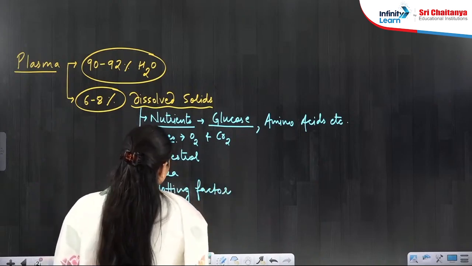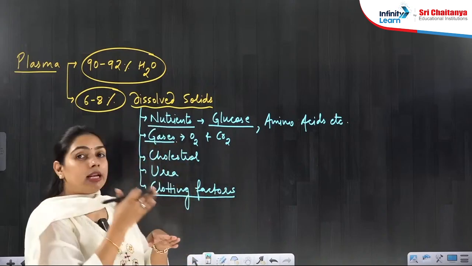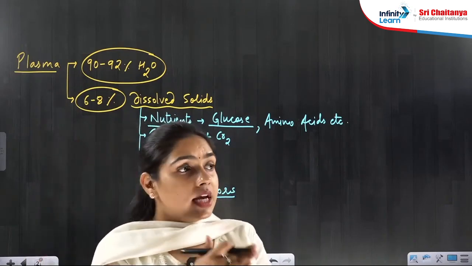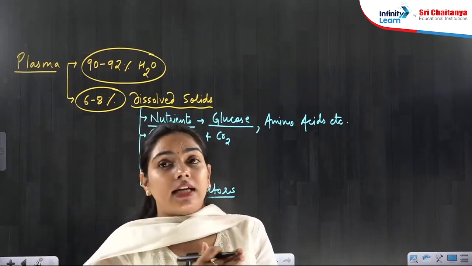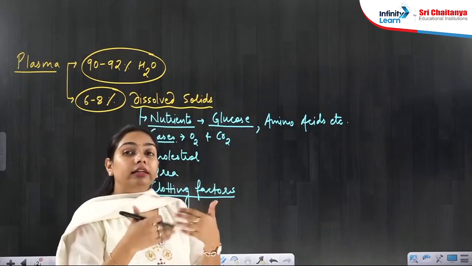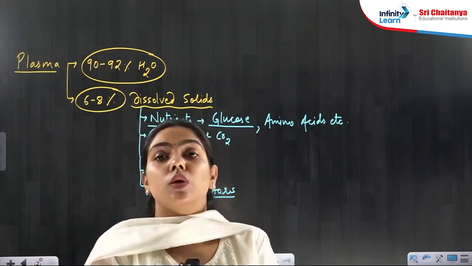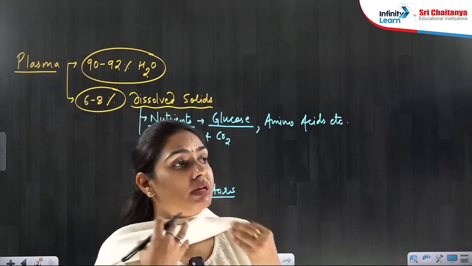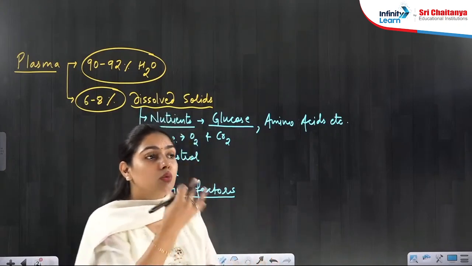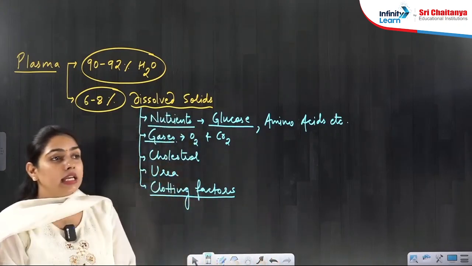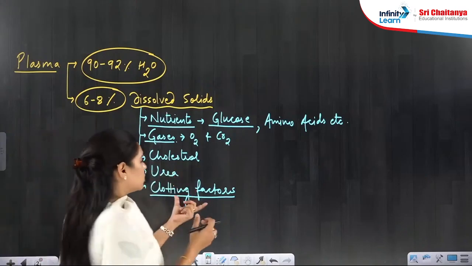If there is any injury, if you get any cut, then these clotting factors will help in blood clotting so that you will not lose so much of your blood. Blood is very precious, important. We don't want to lose blood. Yes, Sai Raj Surya, you are correct. It is fibrinogen.